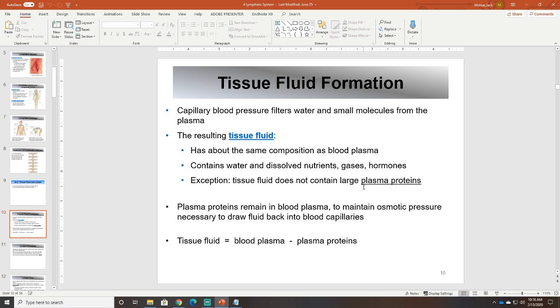They're just too big. And then, of course, tissue fluid will not have red blood cells. Sometimes white blood cells are able to get in. So tissue fluid again basically is blood plasma minus the plasma proteins.